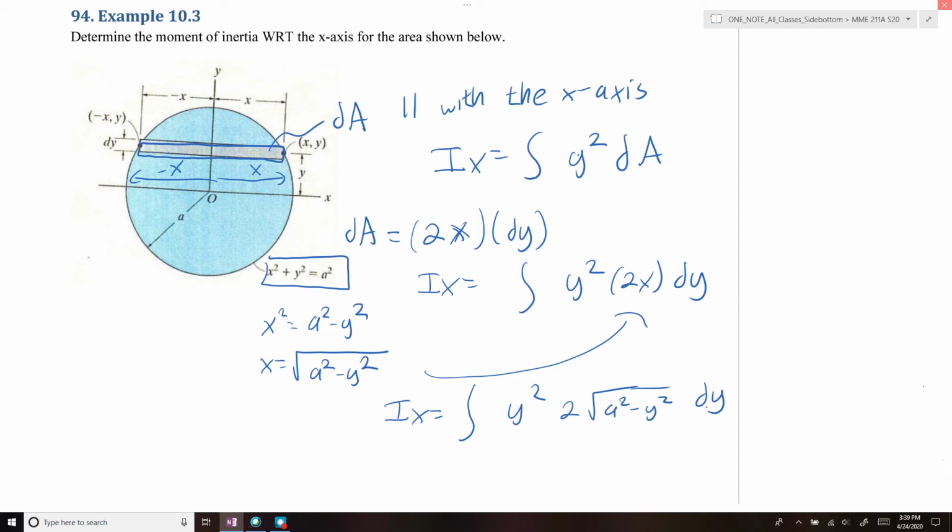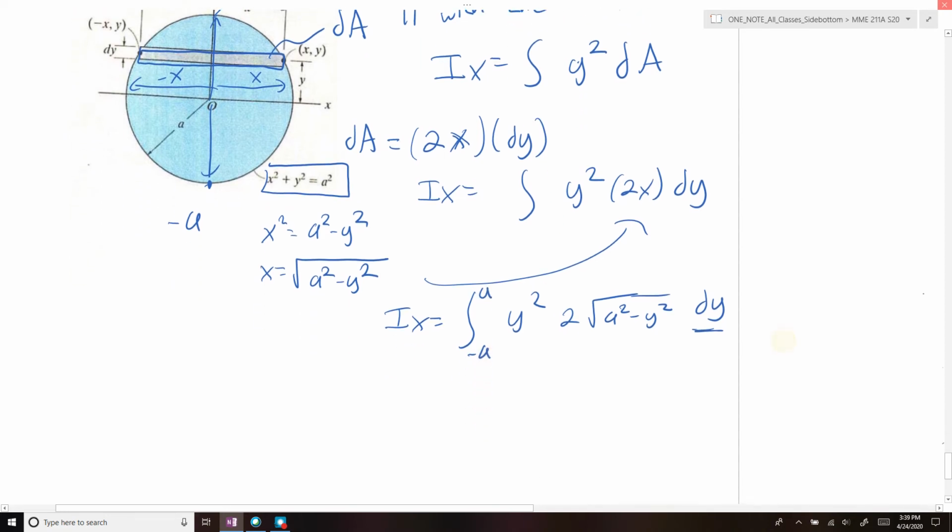The bounds of our y integral go from the negative radius to the positive radius, so minus a to a. We can bring out the constant 2, and we end up with the integral of y squared times the square root of a squared minus y squared dy.